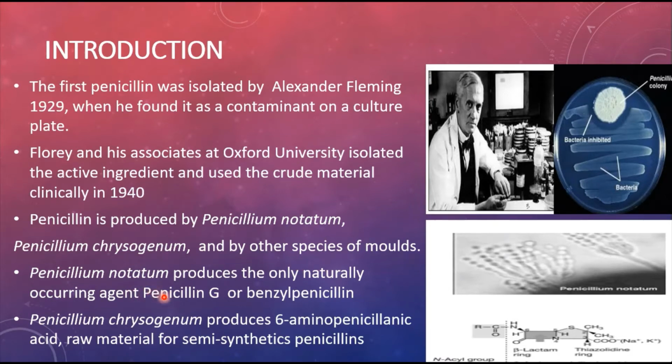Penicillium notatum produces the naturally occurring agent called penicillin G or benzyl penicillin. Penicillium chrysogenum produces 6-aminopenicillanic acid, which is a raw material for synthesizing some semi-synthetic penicillins.